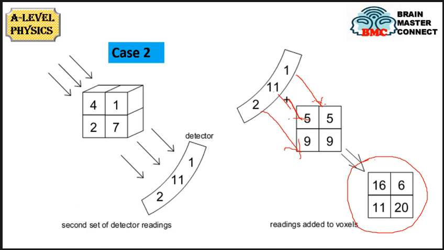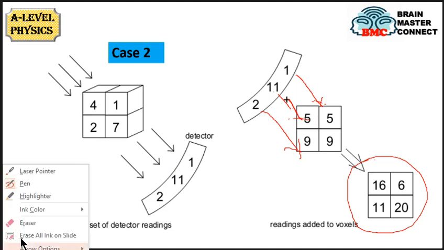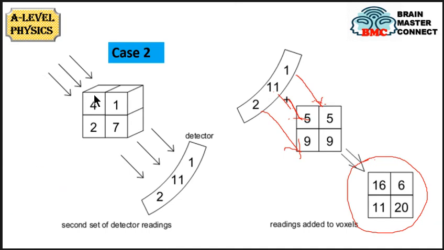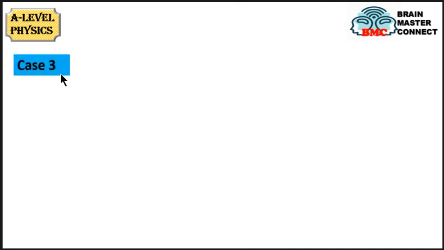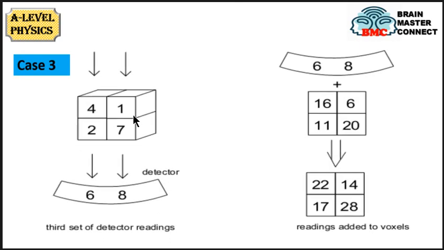Then if I go ahead and move, let's say the X-ray beam moves again by 45 degrees as well as the detector, I'll be having this next in case 3. So I'll be having this exactly. This fits the whole of this, this fits the whole of this.